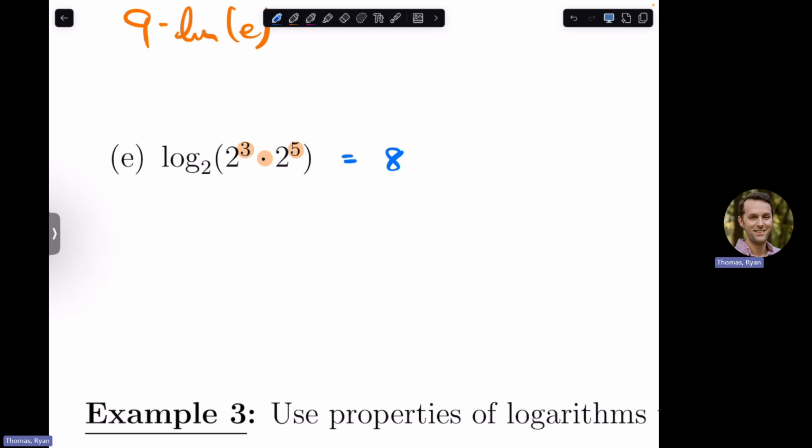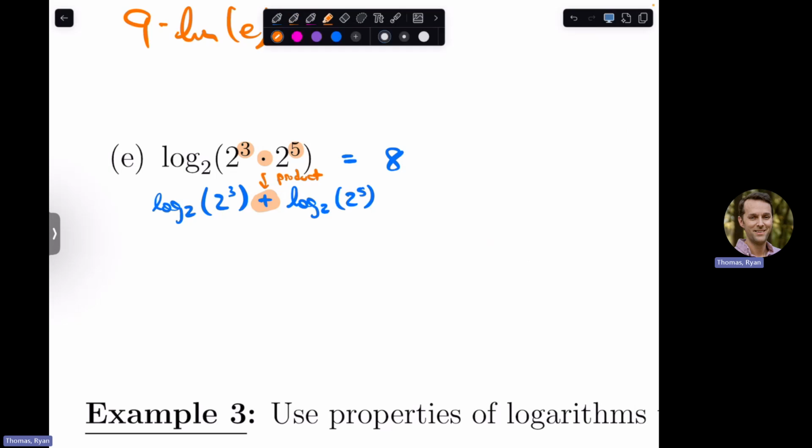The long way here, if I wanted to be really explicit about writing everything out, that's the log of 2 cubed plus the log of 2 to the 5th, right? That's the product rule. And then each of these, I get to do a little power rule thing, or, if I don't recognize that the bases match, I guess. And I get 3 and 5.